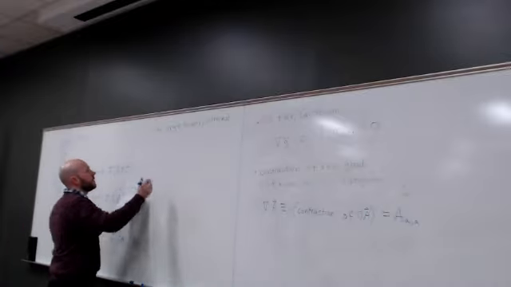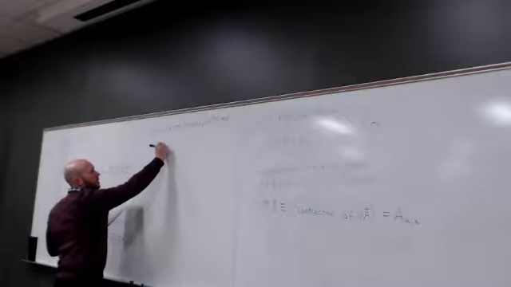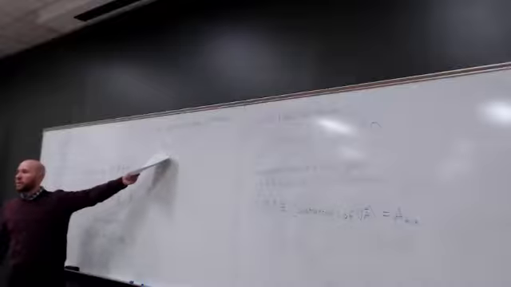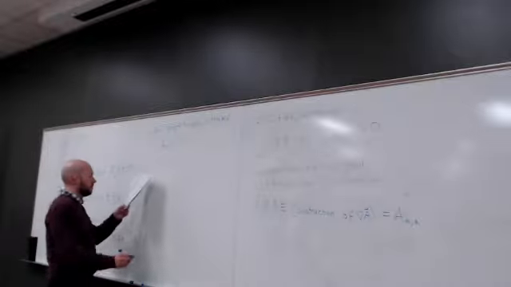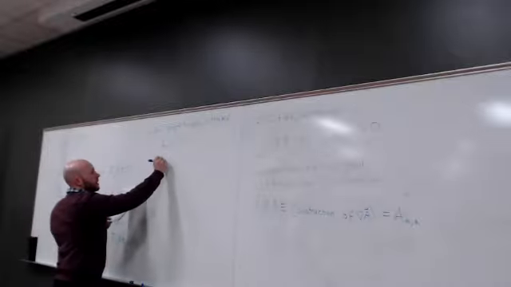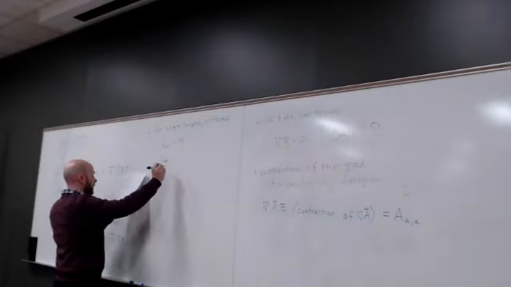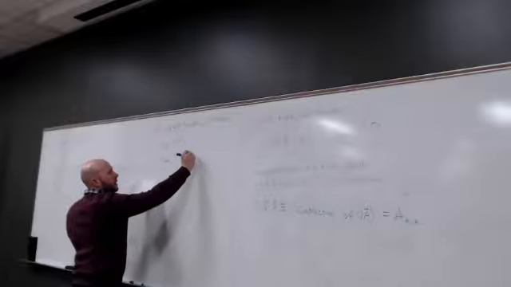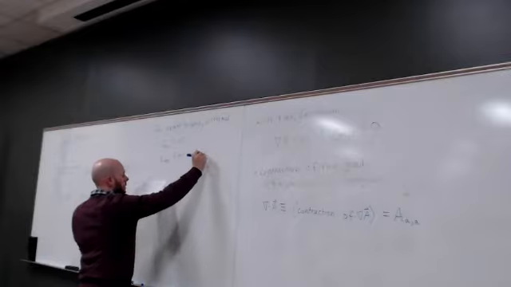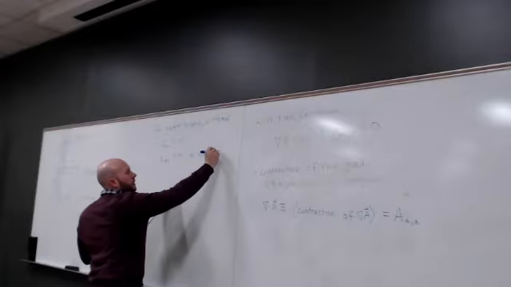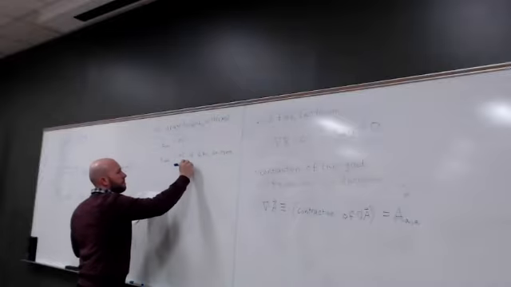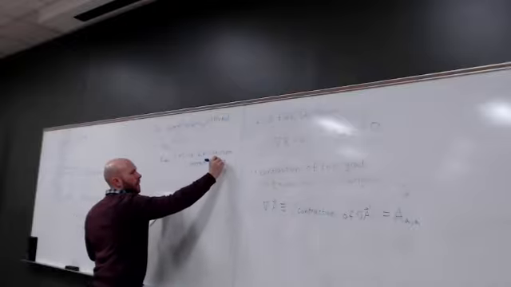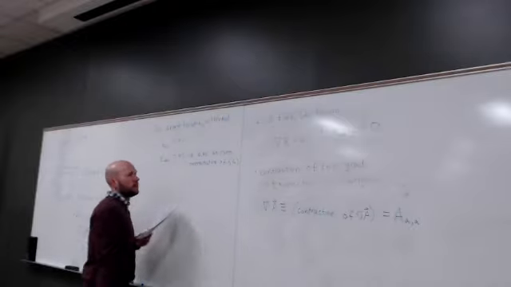The components of the Levi-Civita tensor are as follows. Eta 1, 2, 3 is plus 1. Eta A, B, C then is equal to plus 1 if A, B, C is an even permutation of 1, 2, 3.